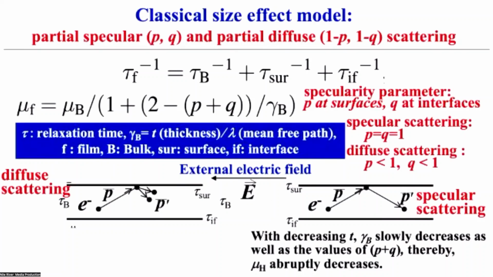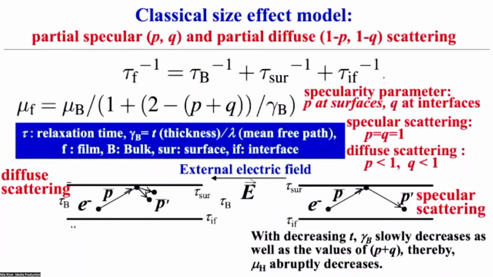The most important parameter, gamma B, is the ratio of the film thickness and the mean free path of electrons. Another most important parameter is the specularity parameter, P at the surface and Q at the interface. In the case of specular scattering, there is no loss of electron movement.